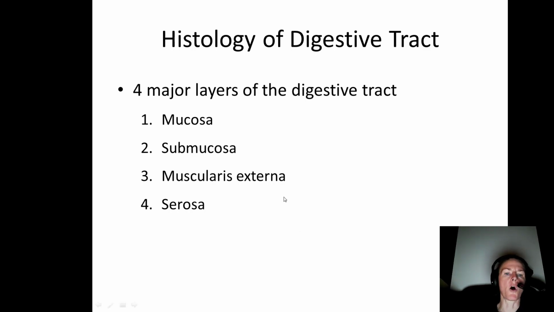So as we recall, most of the organs in the abdominal cavity are going to be covered in the peritoneum, which is a kind of serous membrane. And we will remember that the serous fluid that is produced within the serous membrane is a very thin, slick lubricating fluid that allows these organs to slide over one another.